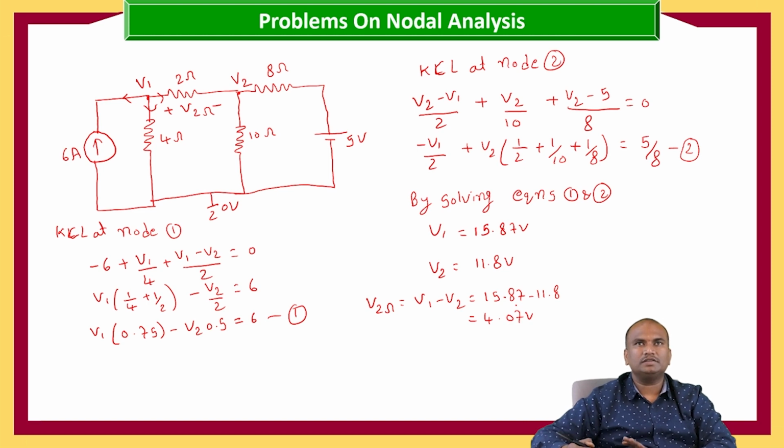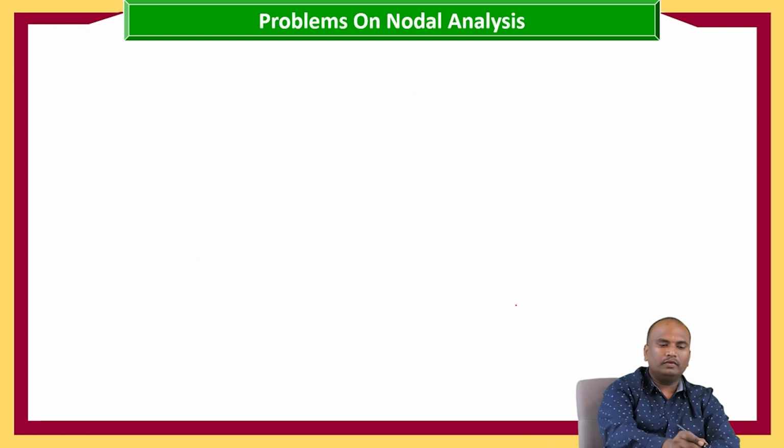This is the way we need to calculate the voltages across the nodes by using Kirchhoff's current law. Now we'll go with the other problem. Different problems let us discuss.